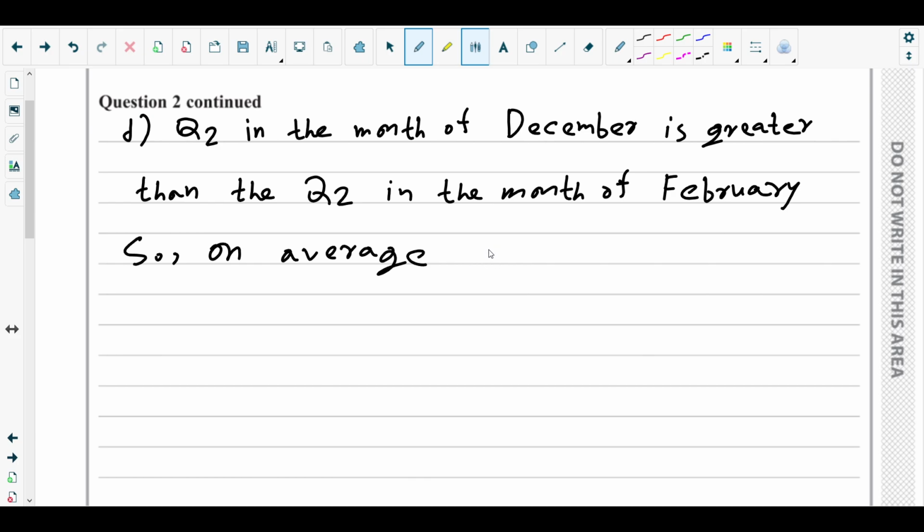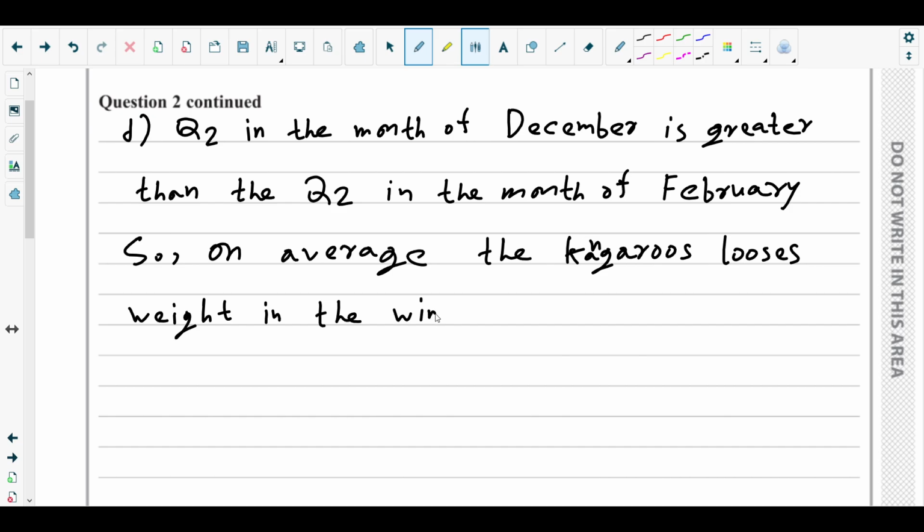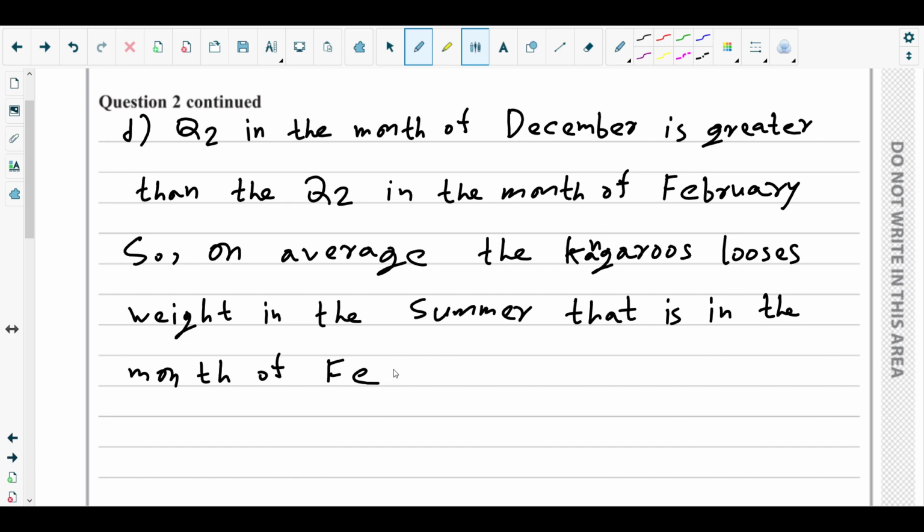So on average, kangaroos lose weight in the summer, which is February.